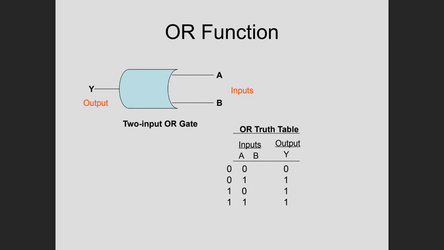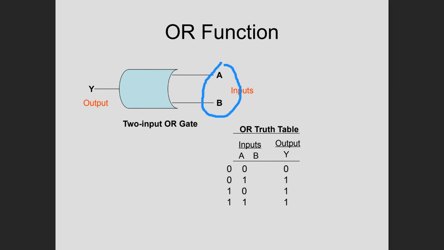And then the OR. Now, I made these slides a long time ago, but I think the gate symbol actually has a little bit more of a point to it like that. So number one, there should be more of a point to this. And the other thing is I have this flipped the wrong way. Remember I said that we show the inputs on the left and the outputs on the right.